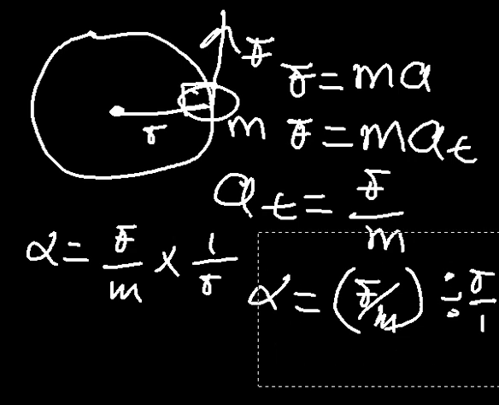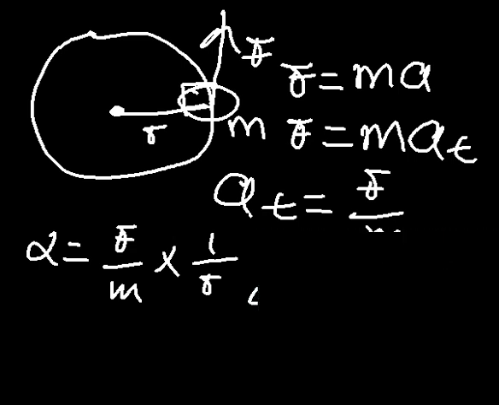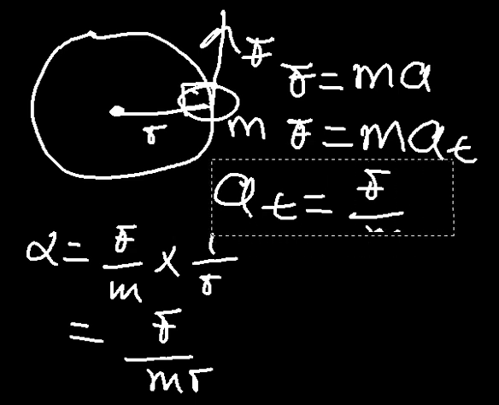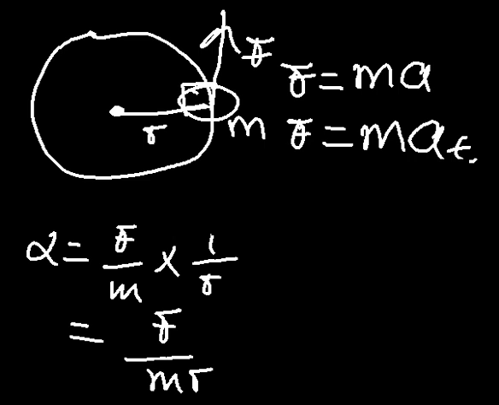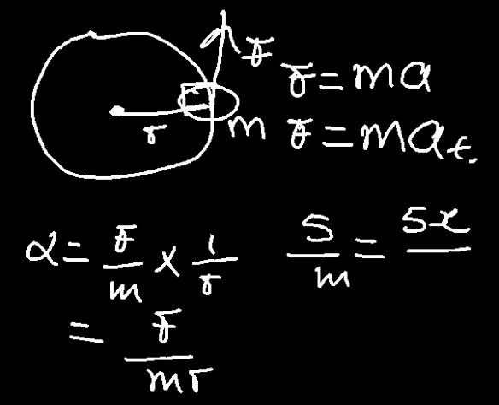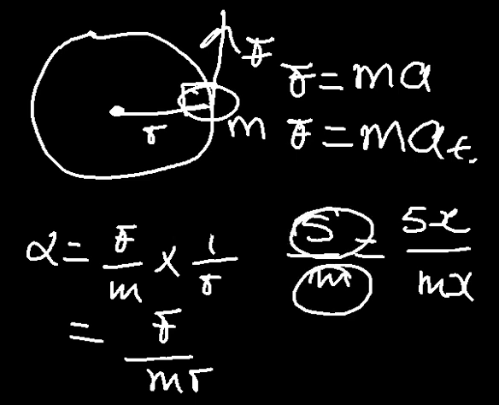Then what will go up next? Now the angular acceleration is given as the force divided by mass times radius. According to the principle of algebra, if we have 5 over m, this is the same as 5x over mx, that is, if we multiply the numerator as well as the denominator by x.